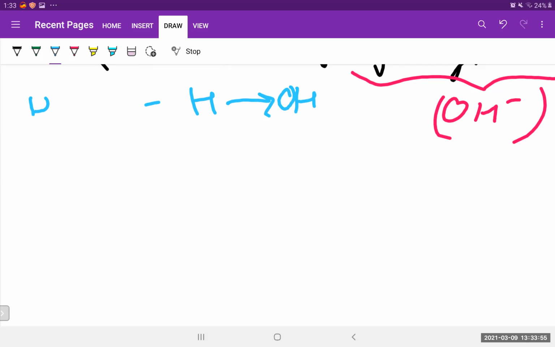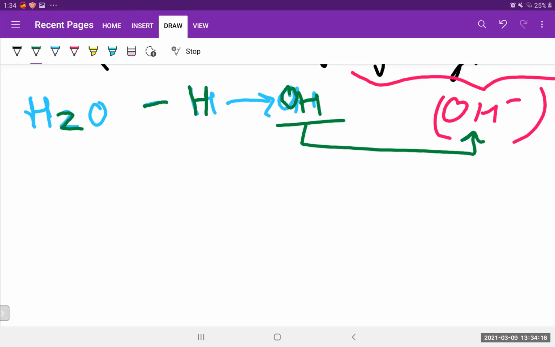The real formula of water is H2O. How many H's are there? Two H's. One H gets subtracted, and we have only one H and one oxygen left. Is it clear now? Like this we get the hydroxyl or hydroxide ion.